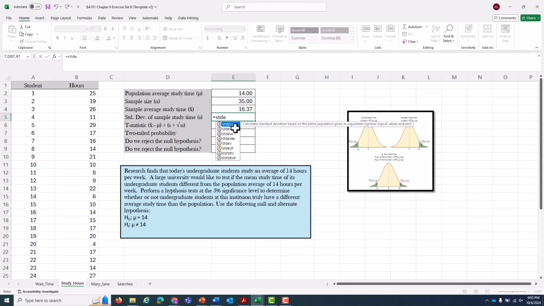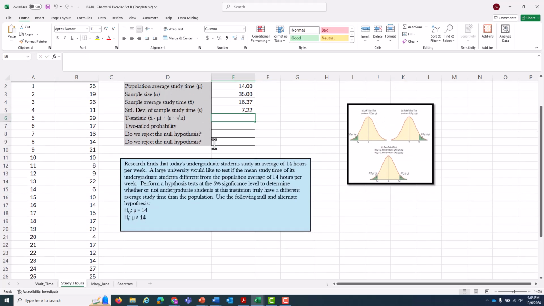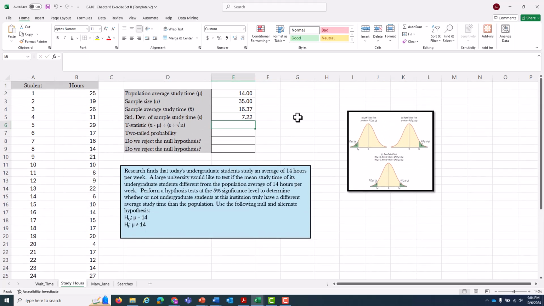So the STDEV.S function is how you find the standard deviation of a sample. And I want it for all of the inputs, so cell B2 to cell B36. And when I run that out, I come up with 7.22. And now I have all of the information that I need to figure out my test statistic, my t statistic, if you will.